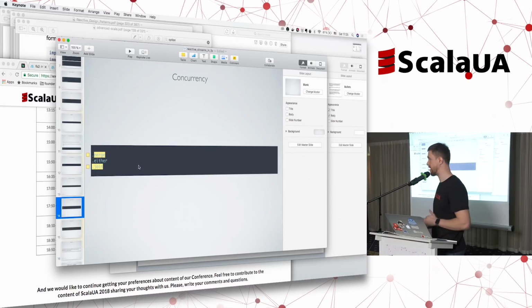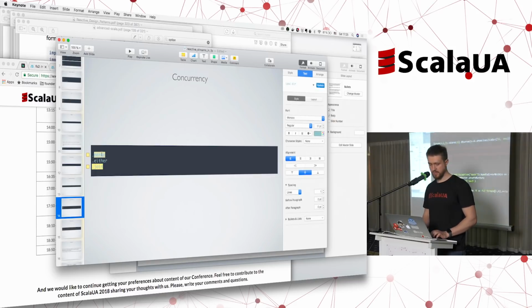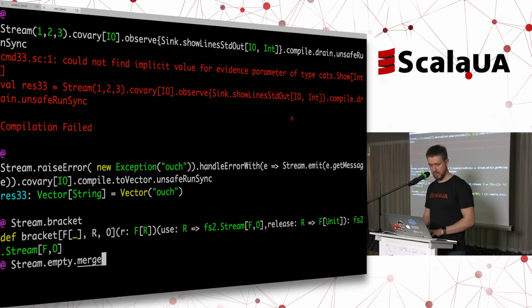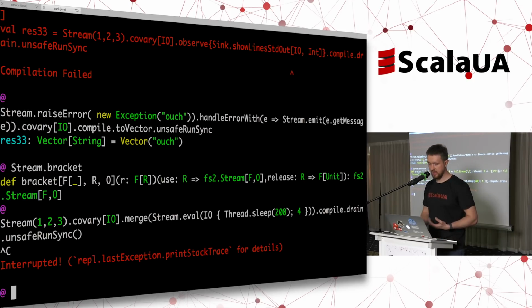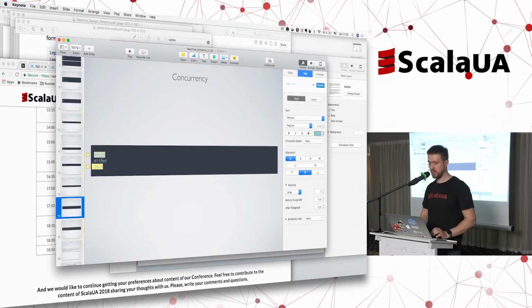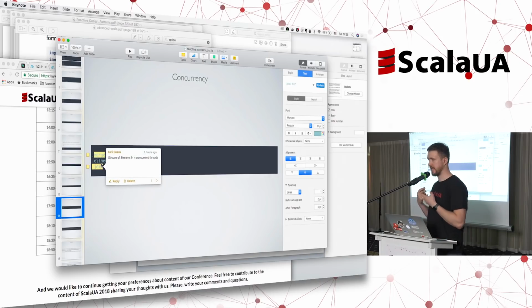And these are the combinators that enable or support concurrency. For example, merge. Merge is something which, if you have a stream and you have another stream, you could merge them, and as a result, the values will be emitted when results from one stream and from the other stream are available. Either does exactly the same, but it emits Eithers.